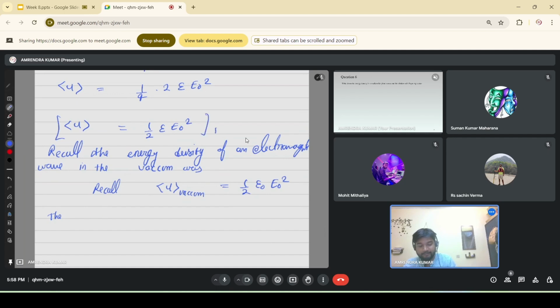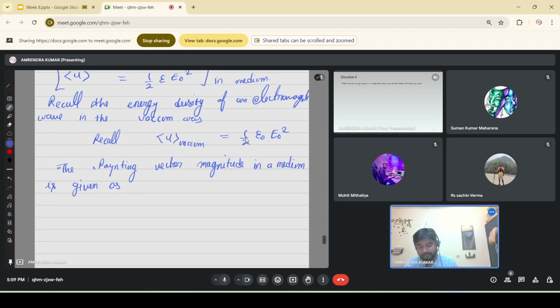So in a medium, now the Poynting vector magnitude for the medium is given as S magnitude is equal to E cross B, right?